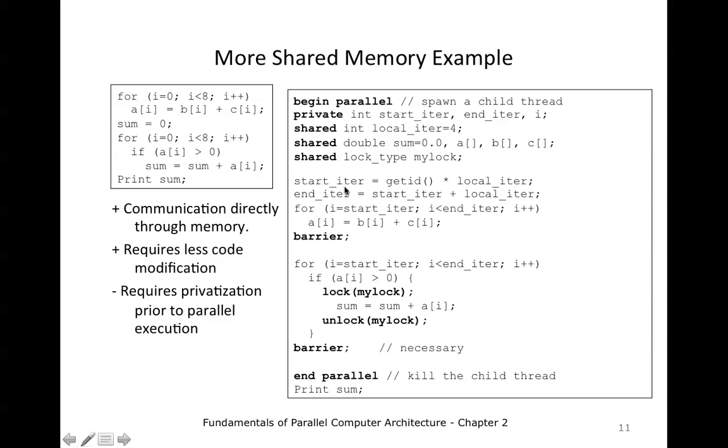After the start and the end iterations are computed, each thread can perform the computation starting from its own start iteration until end iteration. This way they will perform different sets of iterations on their own.